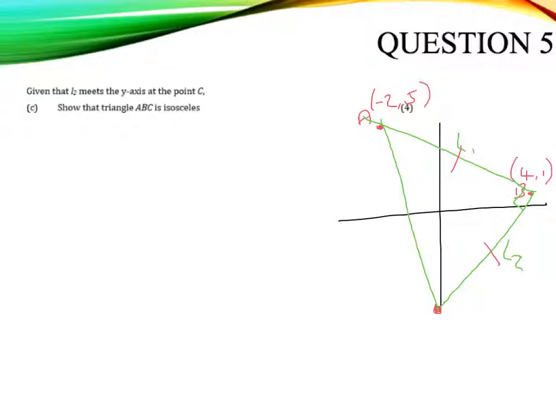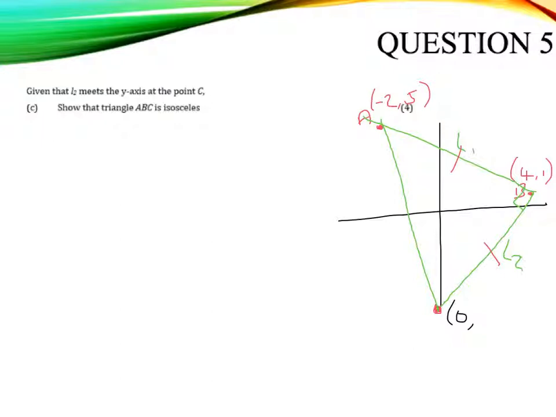I've already got enough coordinates here to work out the length of the line, but what I don't have are the coordinates down here. I know one of the coordinates is 0, because it's along the y-axis, where x is 0. What I don't know yet is the y coordinate.